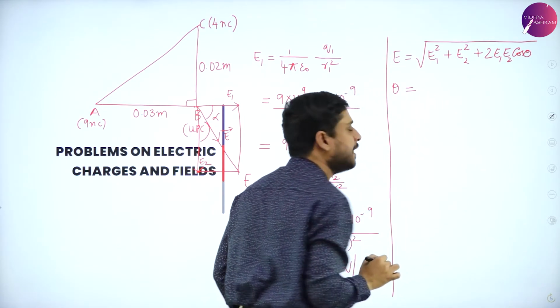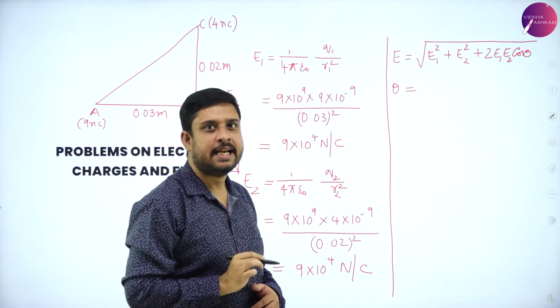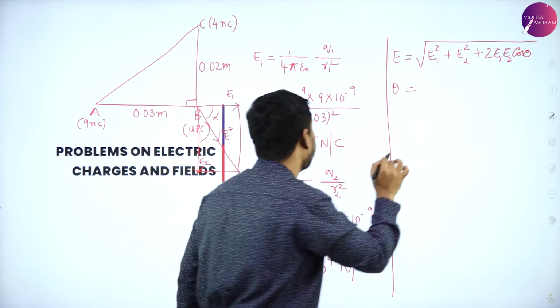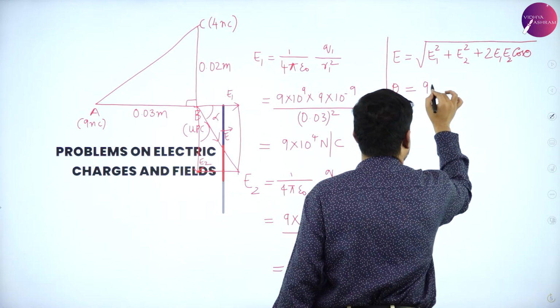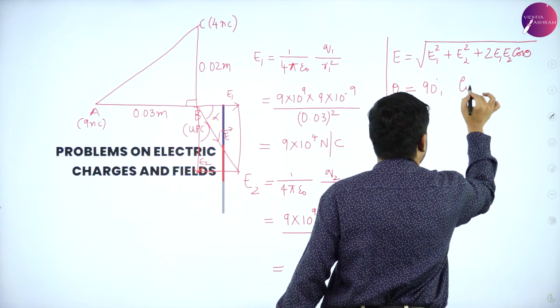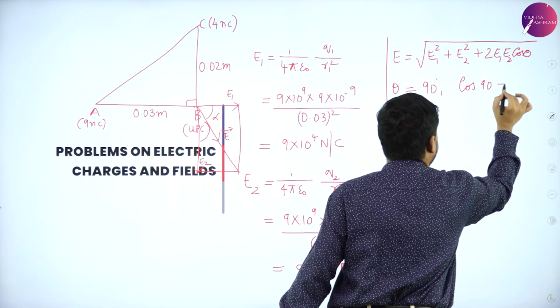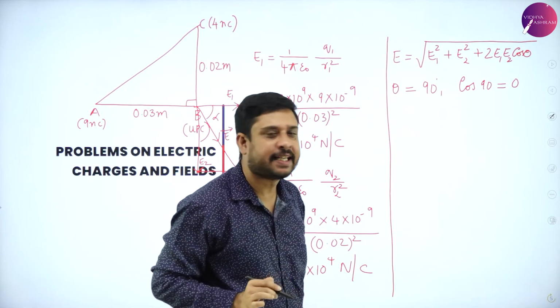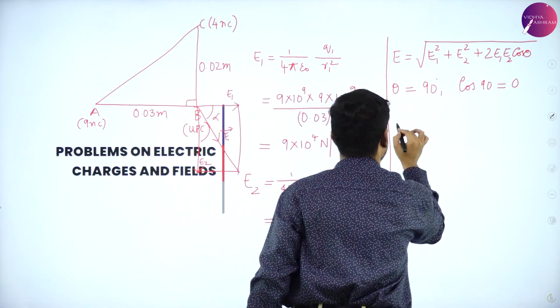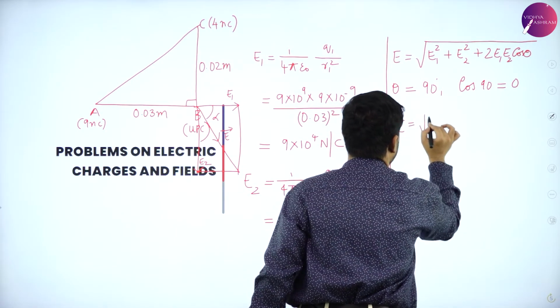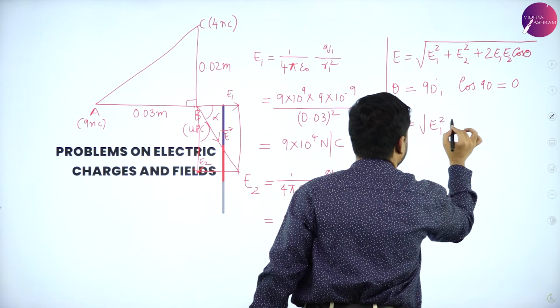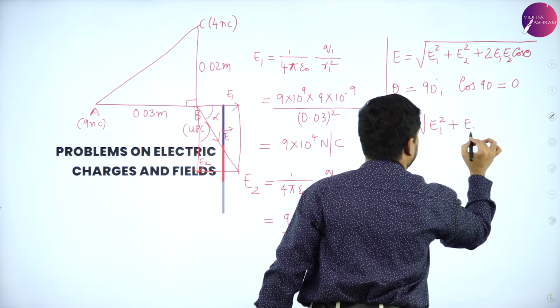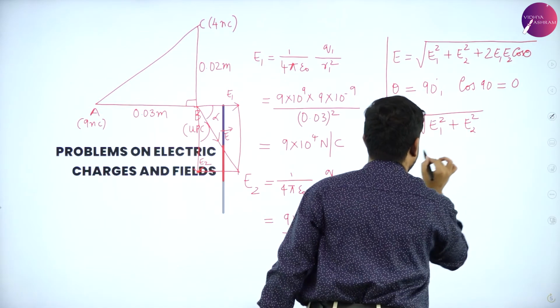What is theta in this case? It is a right angle triangle, 90 degrees. So cos 90 is 0. So effectively that expression becomes root of E1 square plus E2 square.